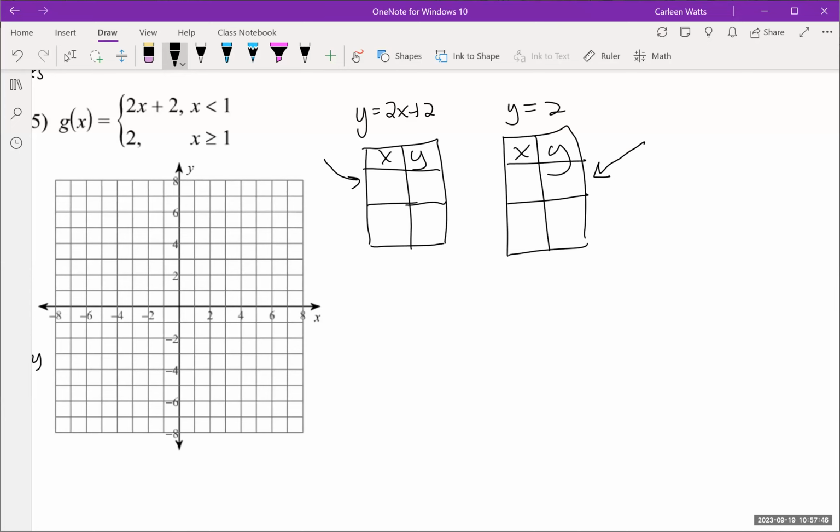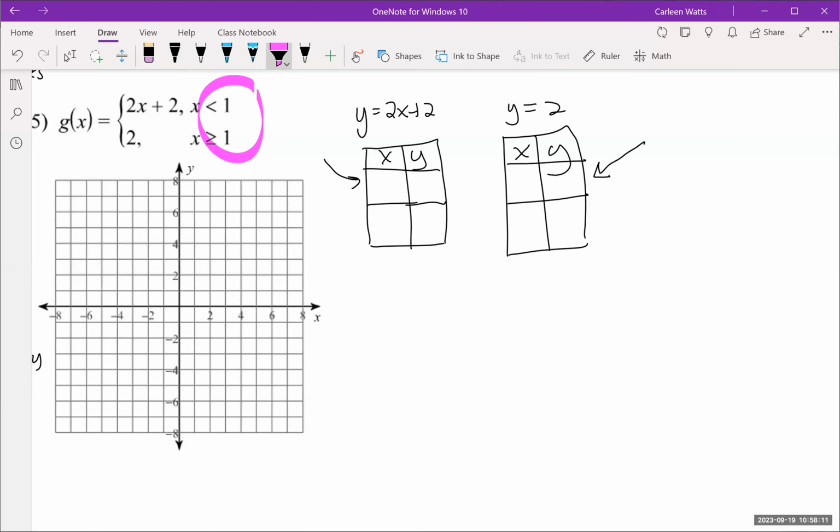What is the X value for the first line of my point table? Yeah. It comes from right here. Yeah, the boundary. All right.